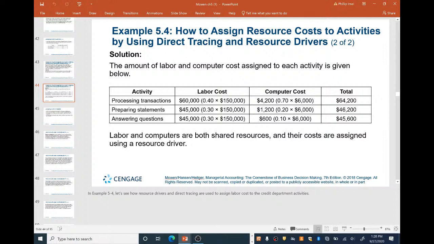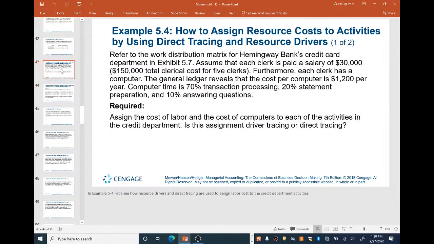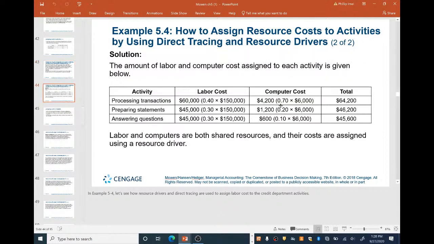Next, for computer cost, remember we're dealing with processing transactions. Okay, with dealing with computer costs here. The computer time is 70% transaction processing. There's your 0.7, okay? And then once again, the $6,000, where did this cost come from?